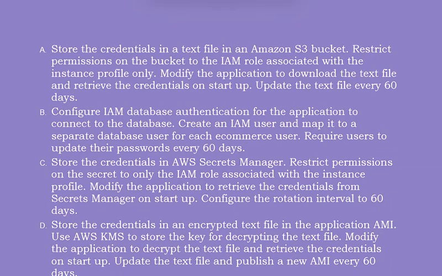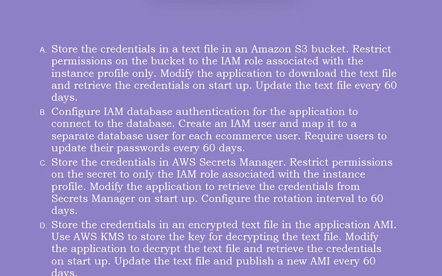Option A, store the credentials in a text file in an Amazon S3 bucket. Restrict permissions on the bucket to the IAM role associated with the instance profile only. Modify the application to download the text file and retrieve the credentials on startup.